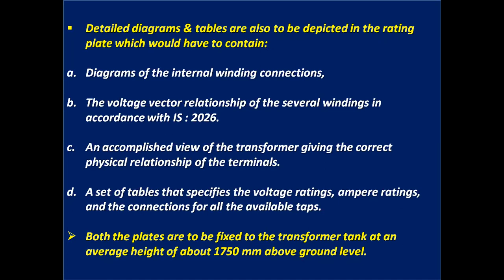Detailed diagrams and tables are also to be depicted in the rating plate, which would have to contain A, diagrams of the internal winding connections, B, the voltage vector relationship of the several windings in accordance with IS 2026, C, an outline view of the transformer giving the correct physical relationship of the terminals, D, a set of tables that specifies the voltage ratings, ampere ratings, and the connections for all the available taps.